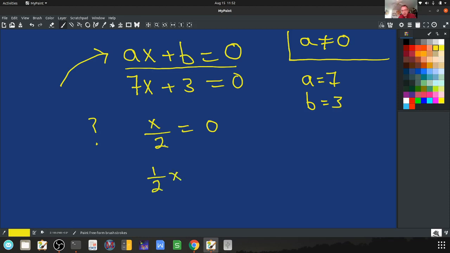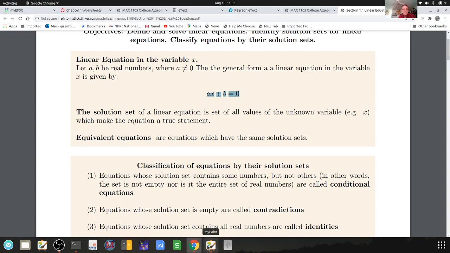That's the same thing as x divided by 2 is 1/2 times x, plus 0 is equal to 0. And notice that's in the form ax plus b is equal to 0.